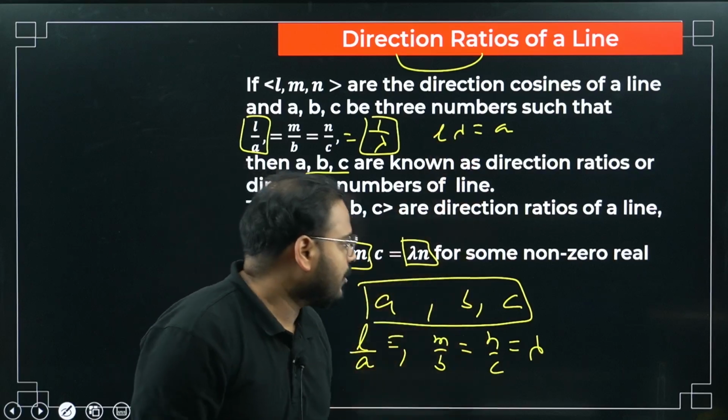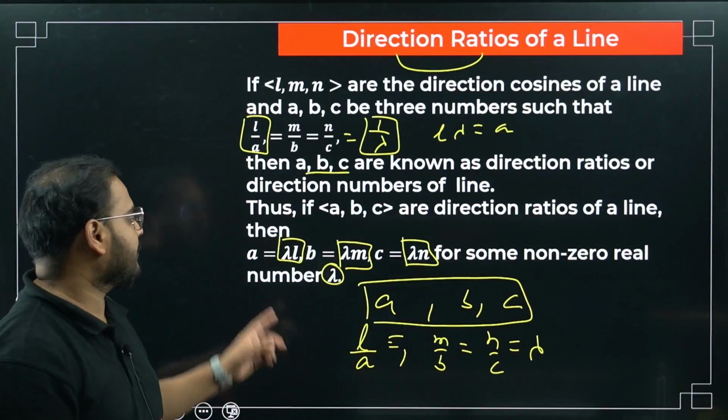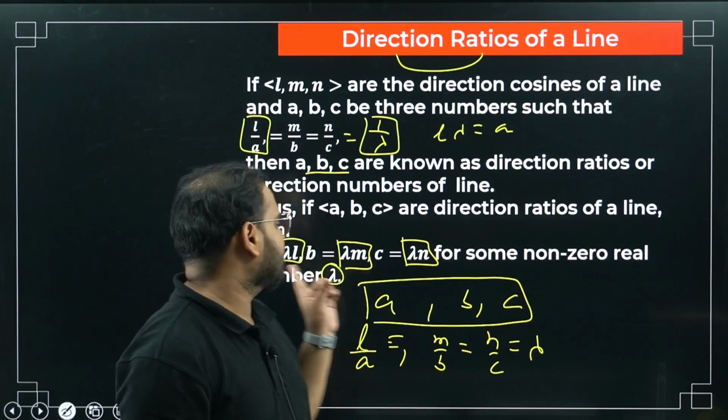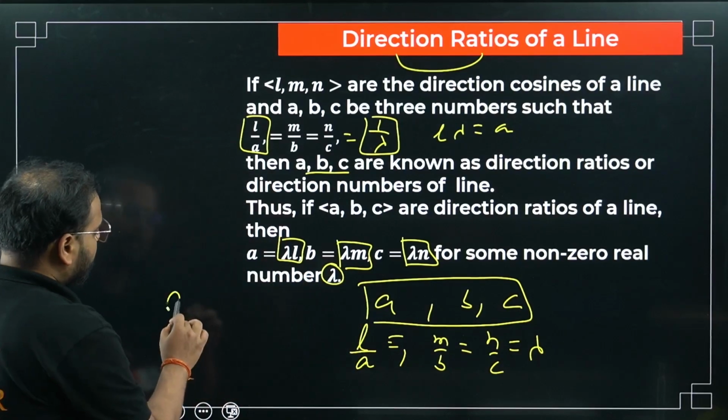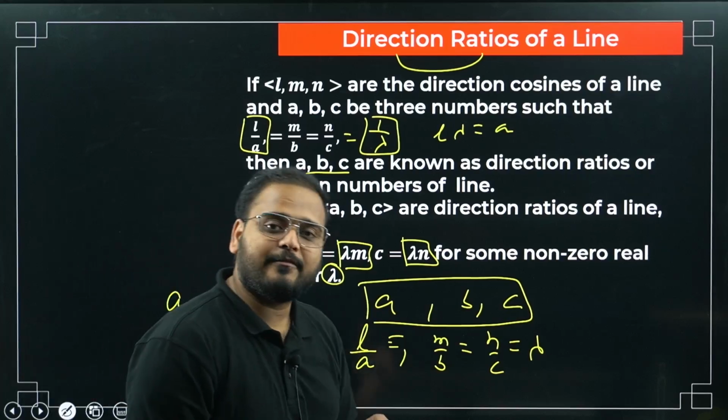With this lambda known, you can represent direction ratios and direction cosines in this way: A equals lambda L, lambda M for B and lambda N for C.